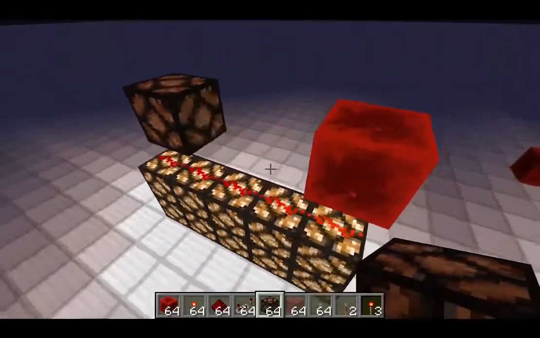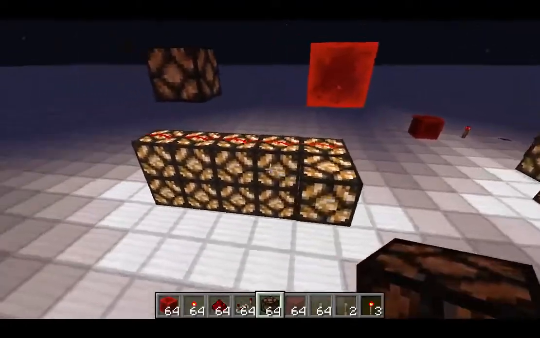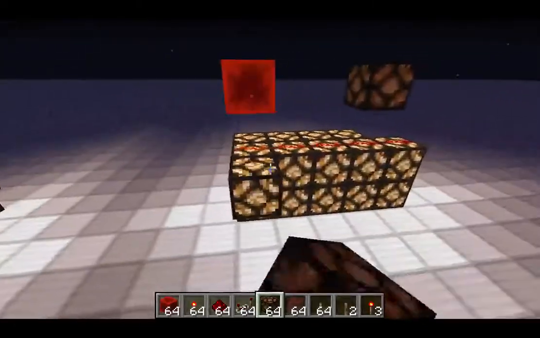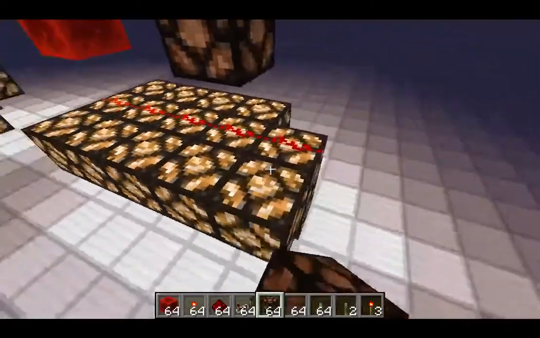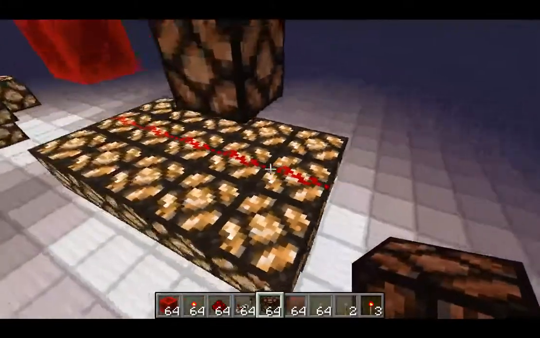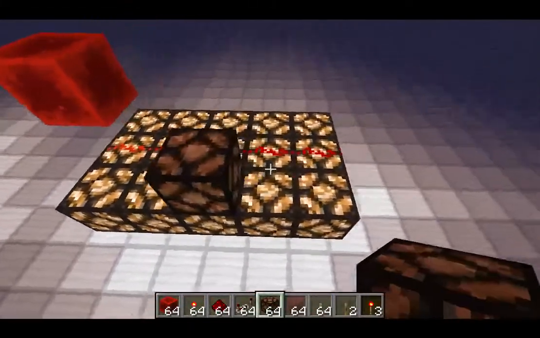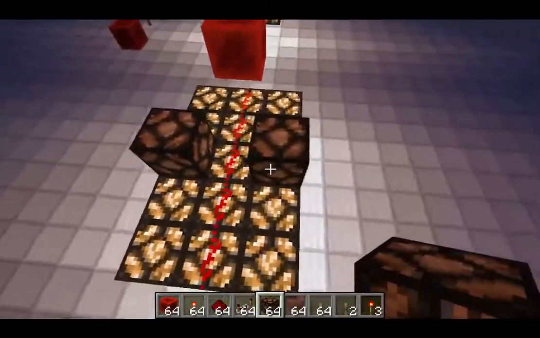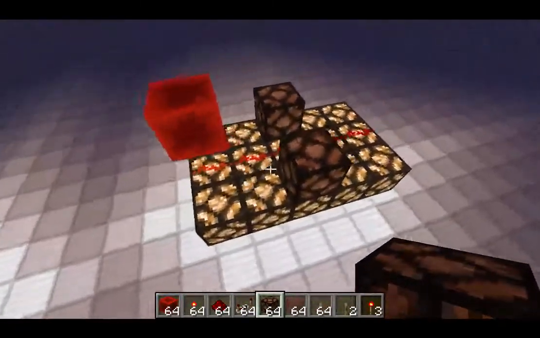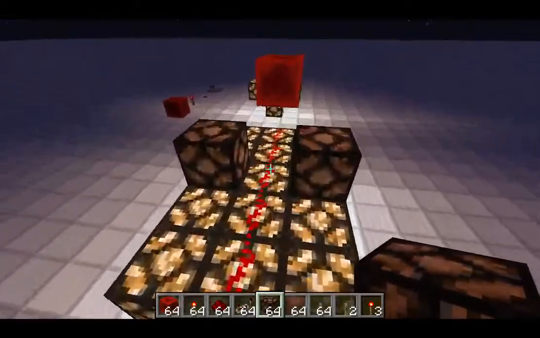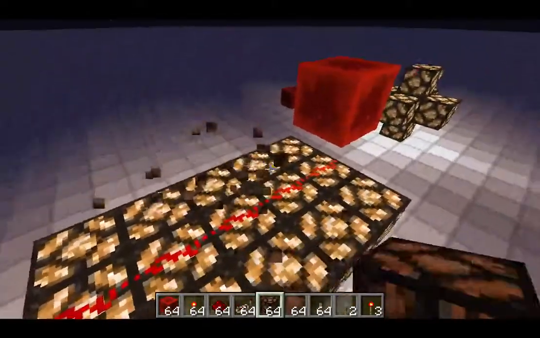Now this behavior of only lighting up the blocks in relation to the power source is a standard behavior for redstone when it's running in a line, or what I like to refer to as being focused. If I put a lamp on either side of this, you'll see that it does not come on because the redstone is only powering the block that it's on top of.